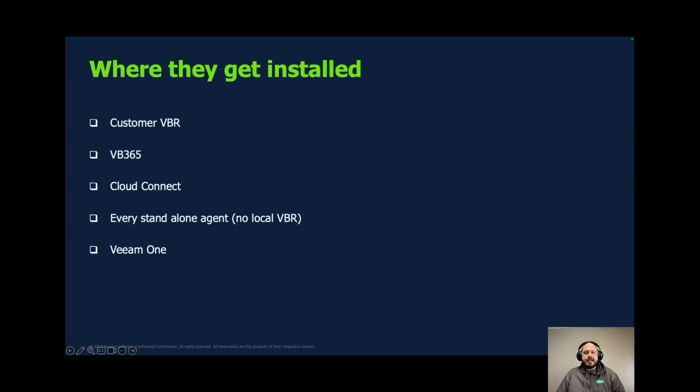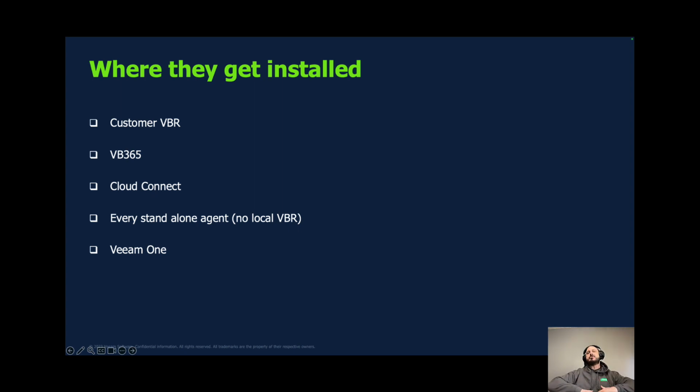Now for those standalone agents, so endpoints, laptops, workstations that don't have a Veeam server managing them, and the service provider console manages those, there's a management agent on every single agent, Windows, Linux, or Mac. And there's a master agent. This master agent is installed on the first machine.